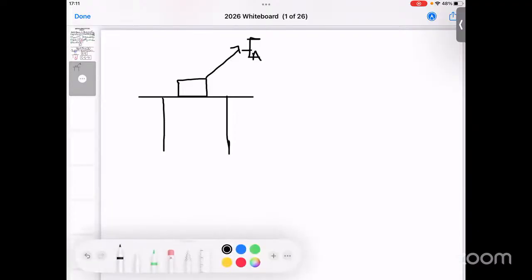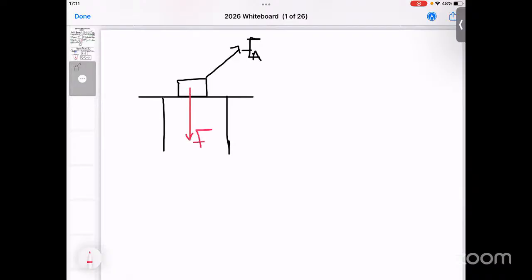So let's now identify all the forces acting there. Here you will have the force which will always be there, which is the force by gravity. And you will definitely have the one by the table, that perpendicular force, which is called the normal force. And you also have this one, but it's acting at an angle.